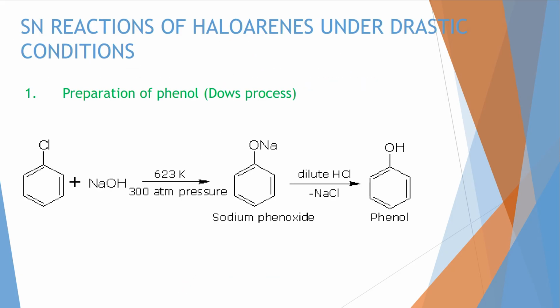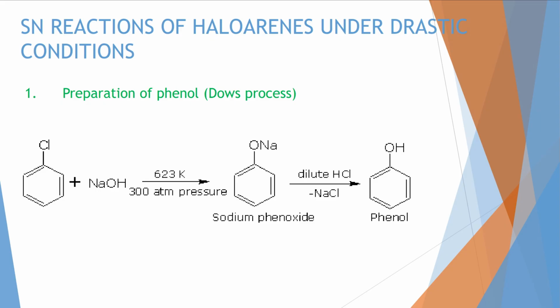However, under drastic conditions, the haloarenes are able to form some important compounds, and in that case one condition is that the nucleophile which is attacking should be a strong one. First example, preparation of phenol. This method is famously known as Dow's process.